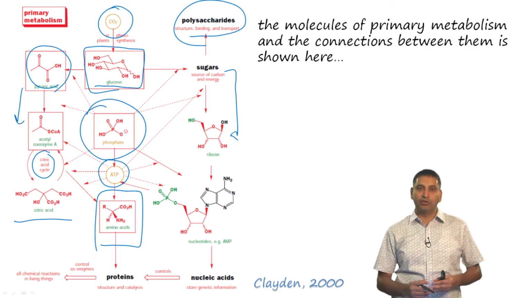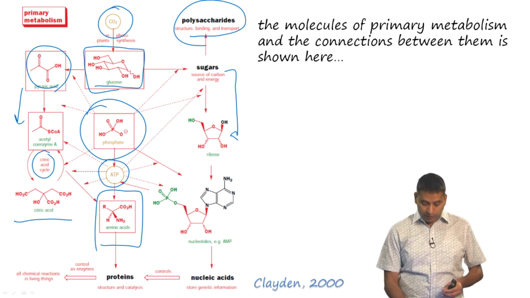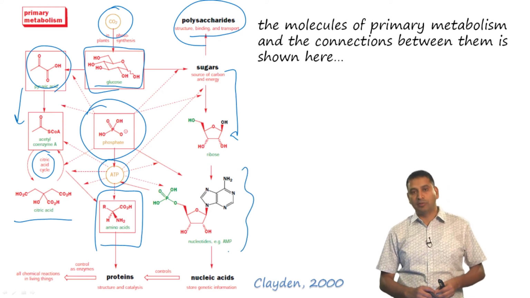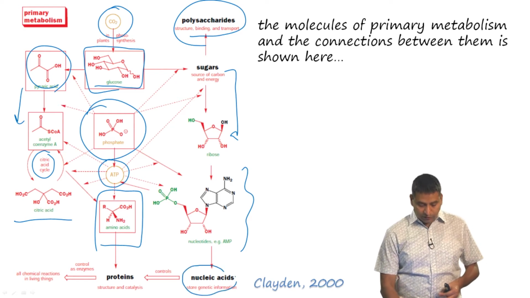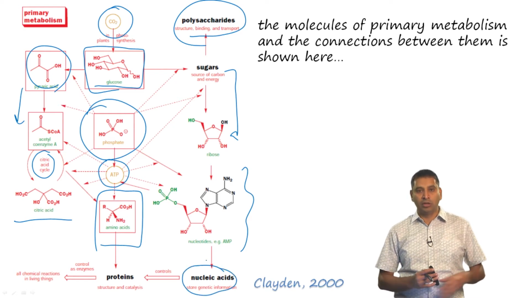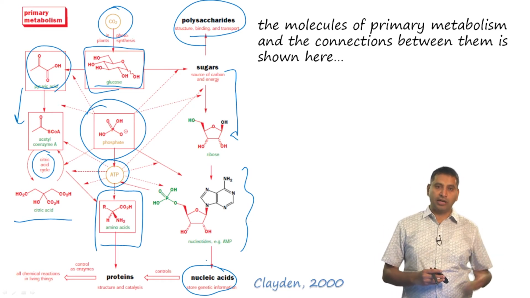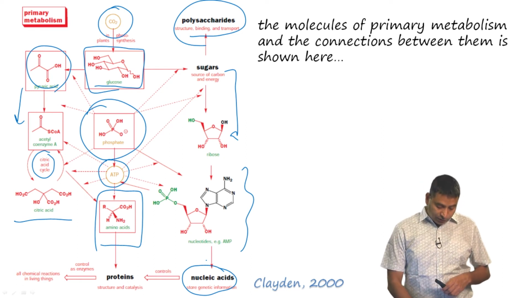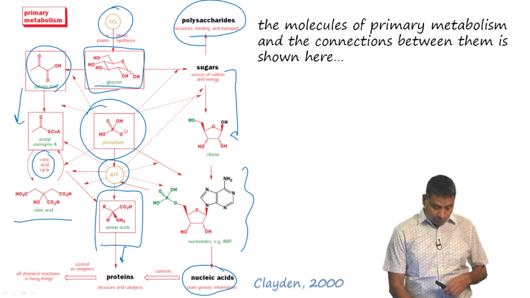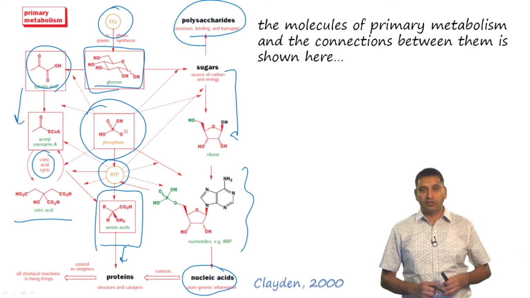For example, ribose is a sugar, and ribose is a part of nucleic acids as shown here, like for example, AMP and so on. And it comes full circle because nucleic acids is what we started with, which is going to control how proteins are synthesized, and proteins are going to carry out a large number of reactions within the cell. And of course, proteins are comprised of amino acids, some of which are synthesized from acetyl CoA.